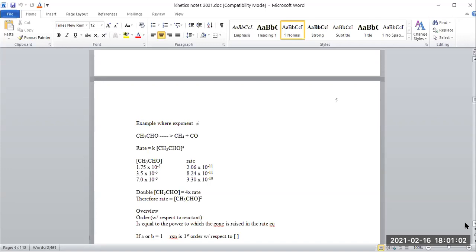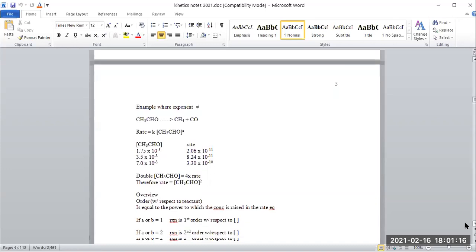I know that looks weird. That looks like they're out of order, but it's an acetaldehyde molecule. We get methane and carbon dioxide as products, but we don't really care about the products. So I need to find out what the exponent is that goes with my rate law.